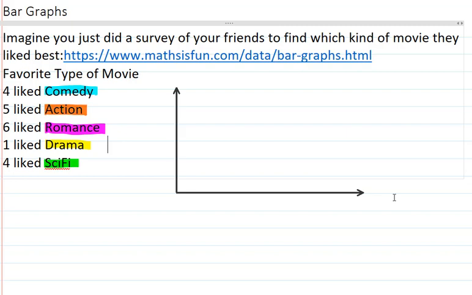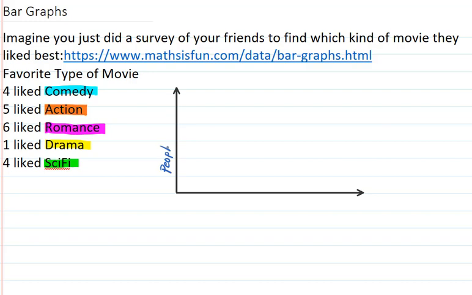The number of people that liked each would make most sense as a vertical count, because you want your bar graph to represent how many people liked each item. And then the movie preferences would go along the bottom.